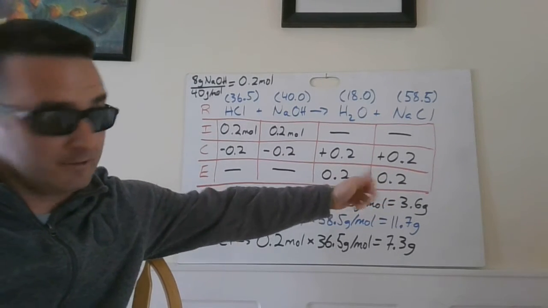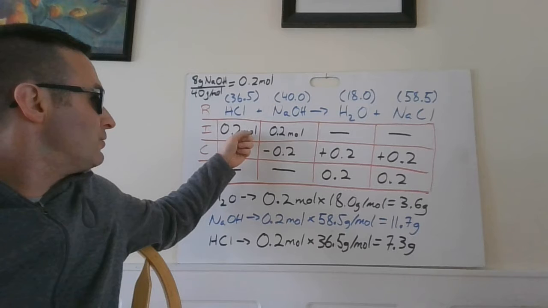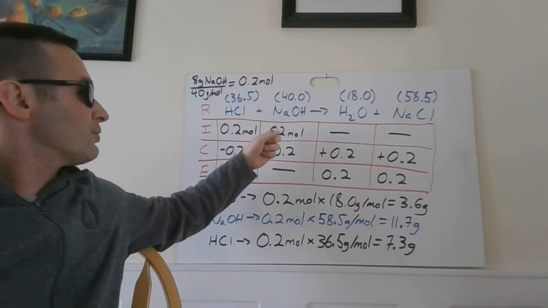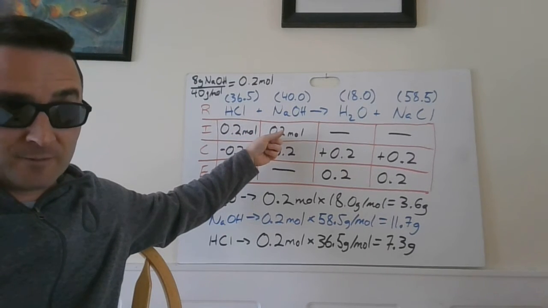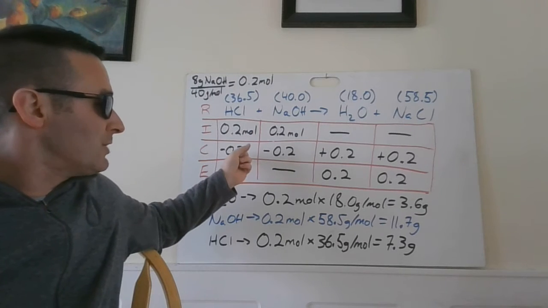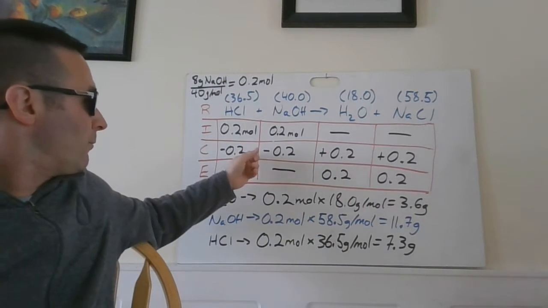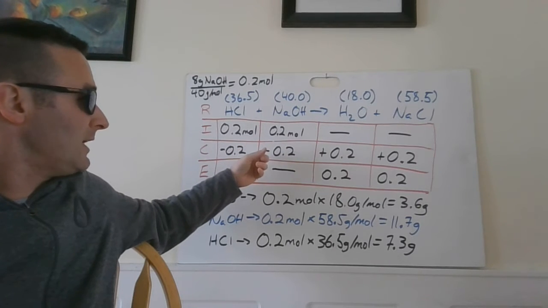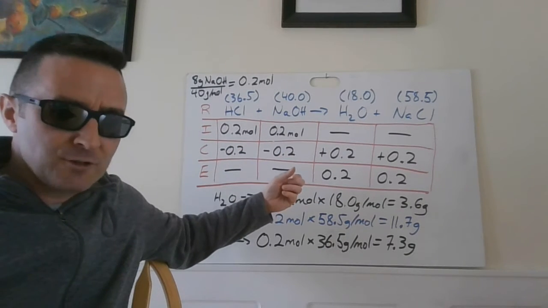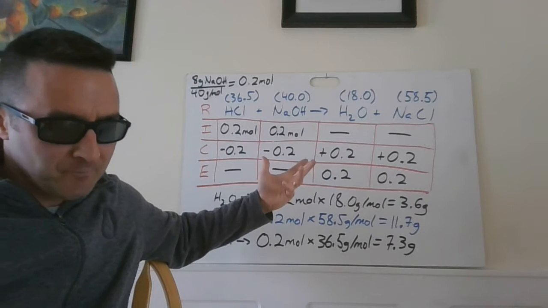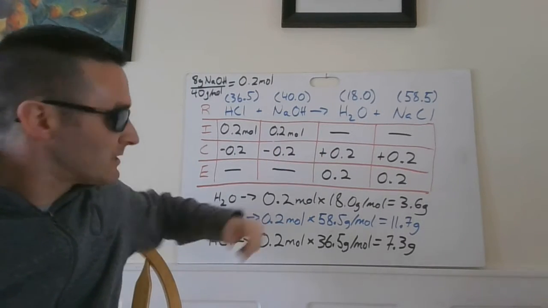So I need 0.2 moles of hydrochloric acid to react with my 0.2 moles of sodium hydroxide. My change line is exactly the same. I'm going to lose 0.2 moles of each, and I'm going to get 0.2 moles of each one of my products. That's what 1-to-1 to 1-to-1 means.